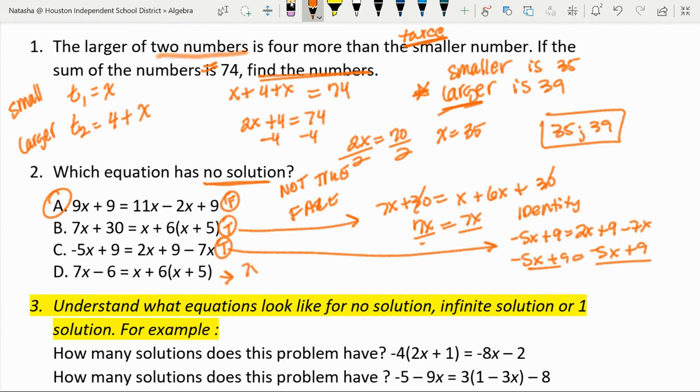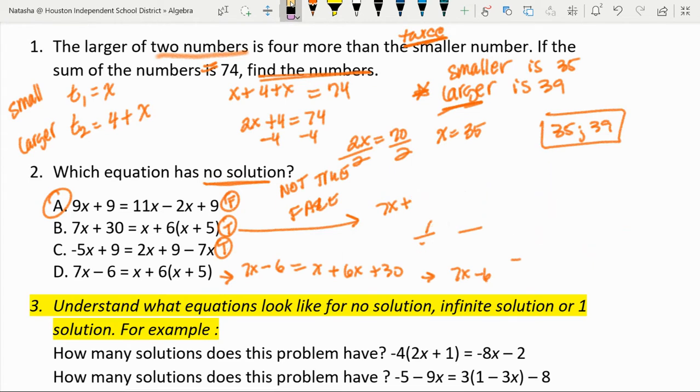Let's see, we've got 7x minus 6 is equal to x plus 6x plus 30.